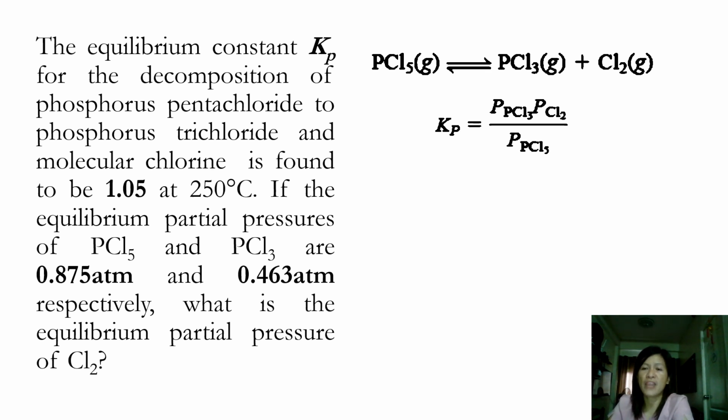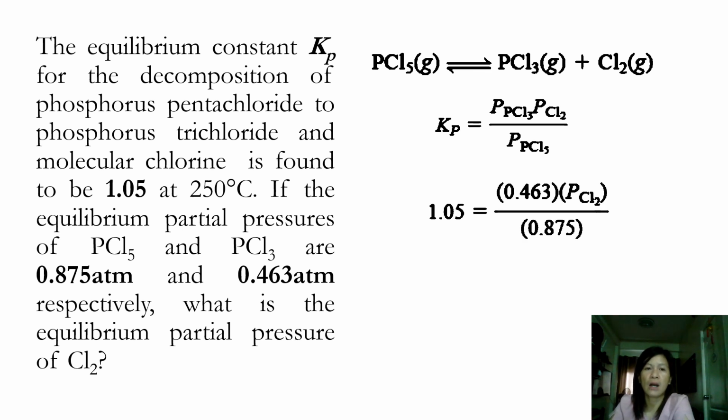So to get that, we first substitute all the given. We are given the equilibrium constant 1.05 equals the partial pressure of PCl3, which is given at 0.463, times the partial pressure of Cl2, which we are looking for, so let it be our unknown, divided by the partial pressure of our reactant, which is given at 0.875 atm.